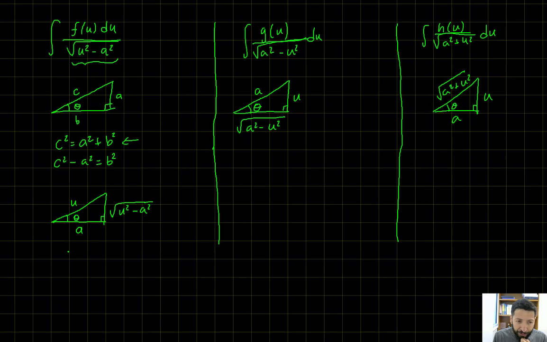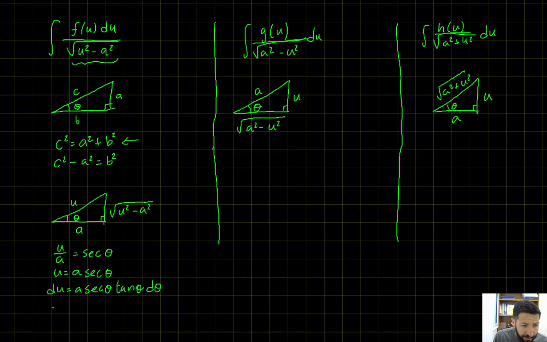So the reciprocal of the cosine is the secant. So if you write it like that, you get u over a is equal to the secant of the angle. And that gives us the substitution u equals a secant of theta, from where we get that du would be a secant of theta tangent of theta d theta.